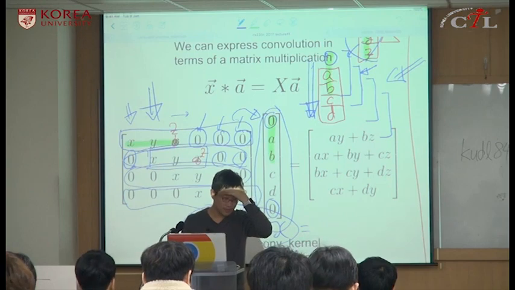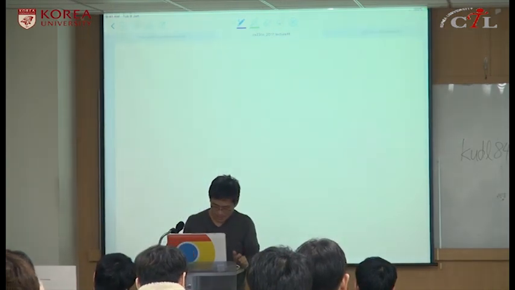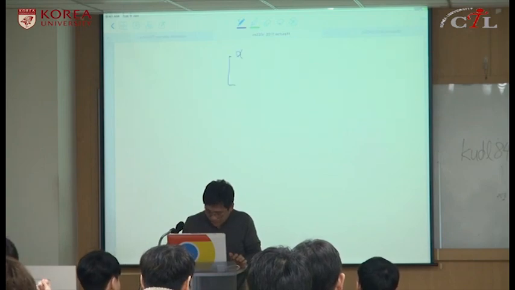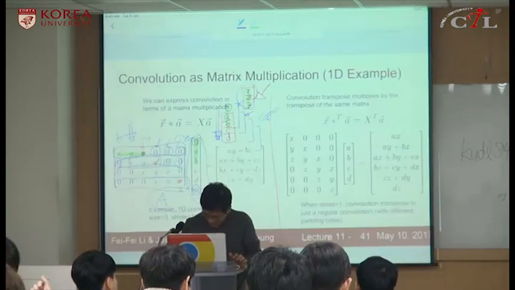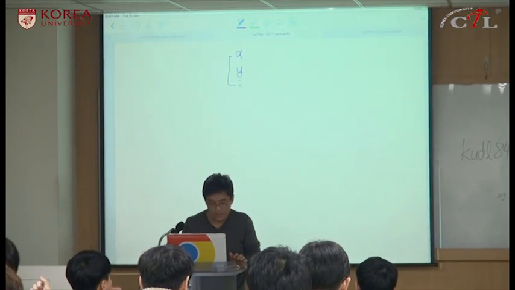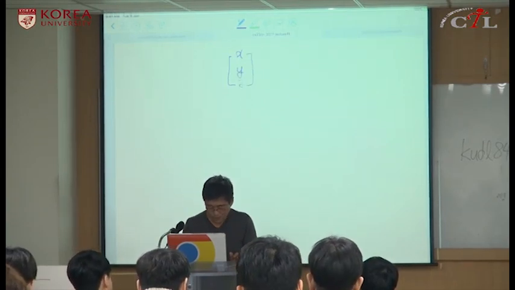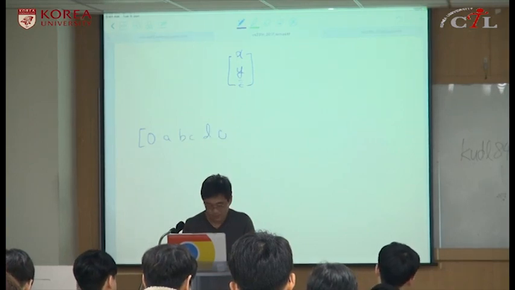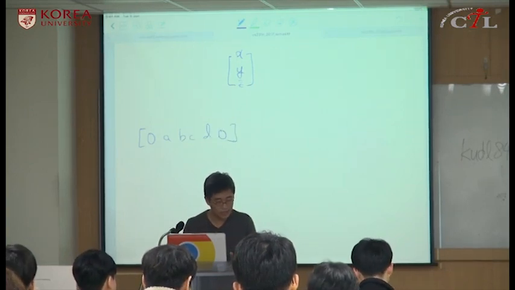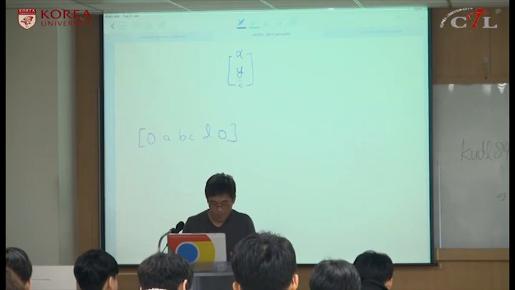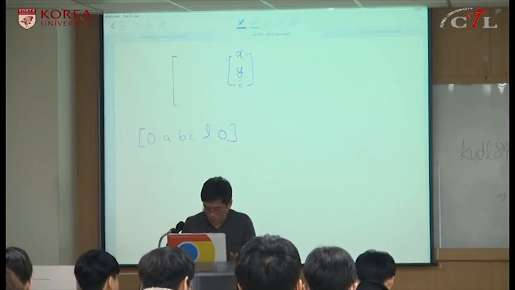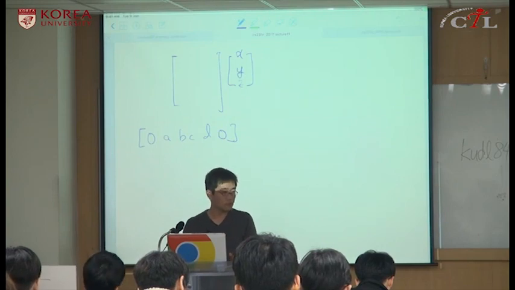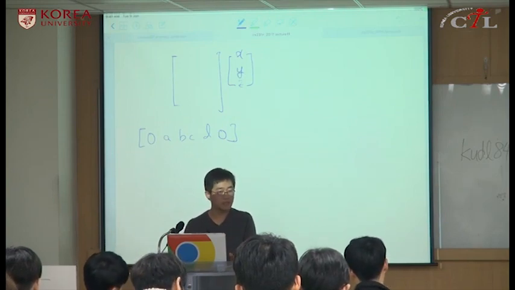But how about this? So we have a convolution filter as XYZ, right? And then we have an activation map as 0, A, B, C, D, and 0, right? Including the 0 padding, right? And then what will be the first row that forms the first activation map?